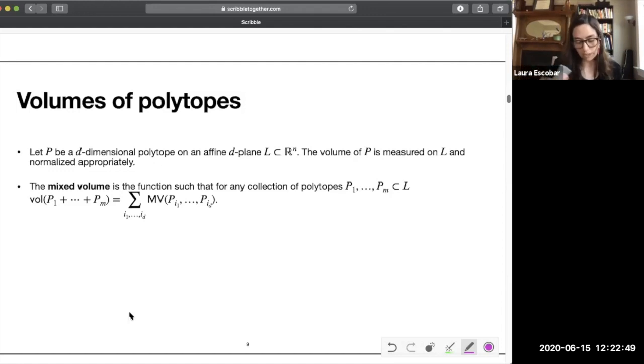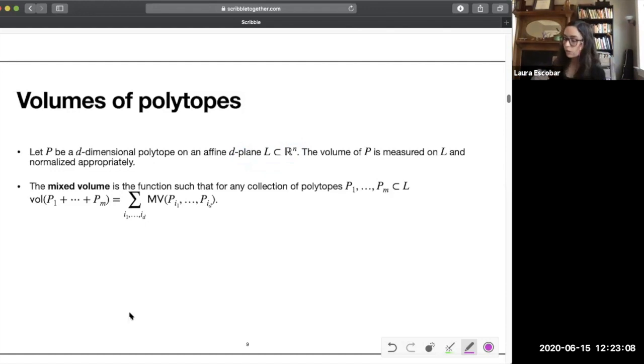We're going to have a d-dimensional polytope on an affine d-dimensional plane, which is the case for our harmonic polytope. And we're going to be measuring the volume of the polytope on that affine plane, the one I told you about at the beginning.